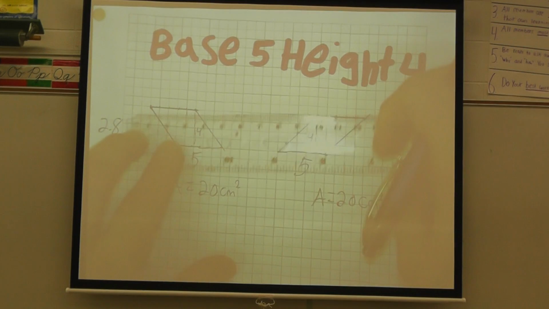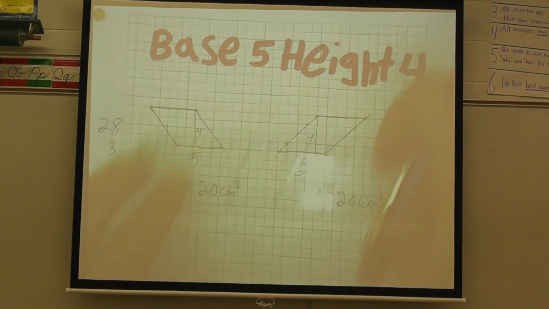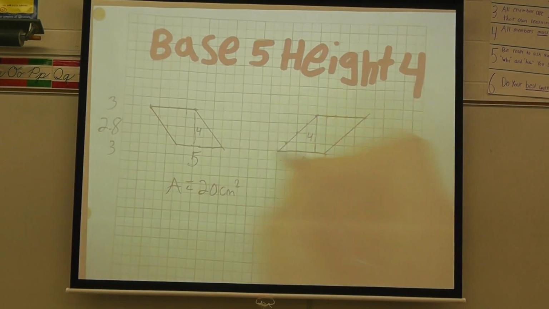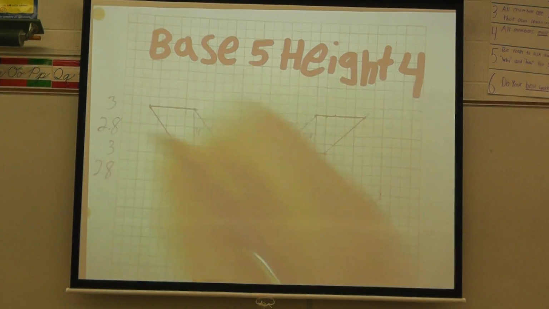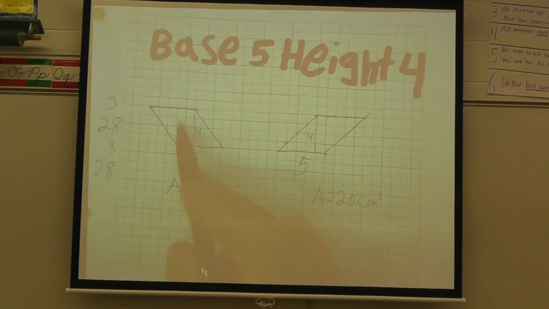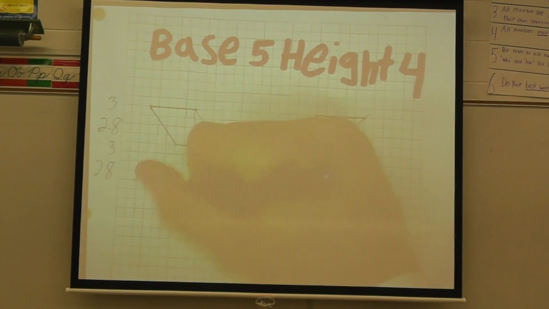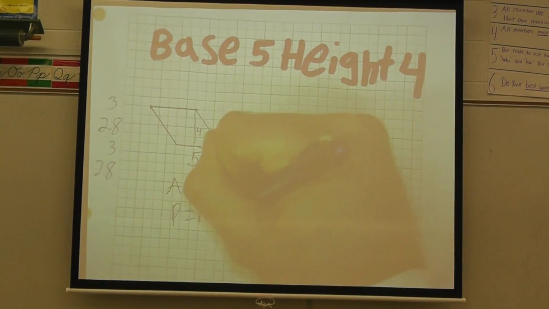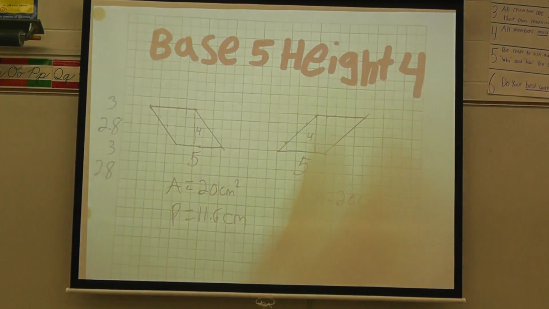The opposite side should be the same as the first one, which is 3, and this is going to be 2.8 on this side. My two bottoms are going to be the same, and my two sides are going to be the same. So if I add these up, 2 and 2 is 4, 3 is 7, 3 is 10, 0.8 and 0.8 is 1.6. So the perimeter is going to equal 11.6 centimeters.